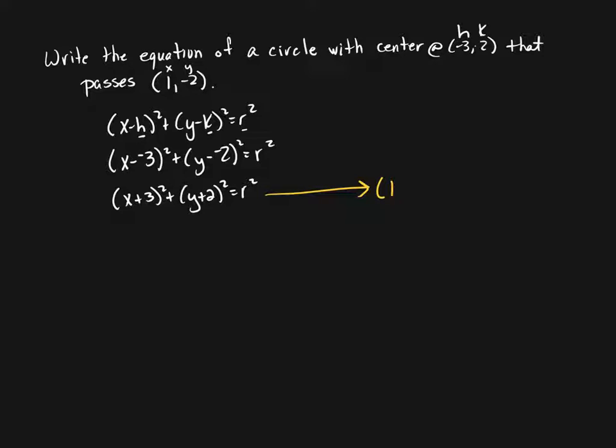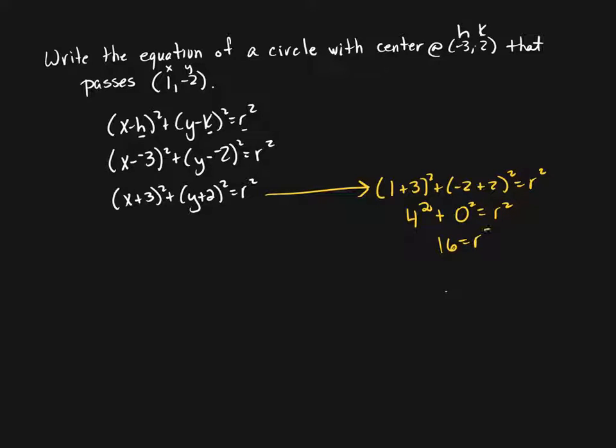When x is 1, y is -2. And you see, we just have an arithmetic problem here to solve for what our radius is. Well, really, we just want our radius squared, don't we? Let's see what happens. 1 plus 3 is 4, so 4 squared plus 0 squared.